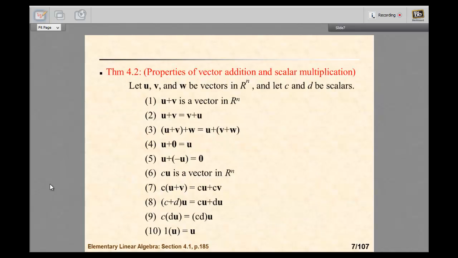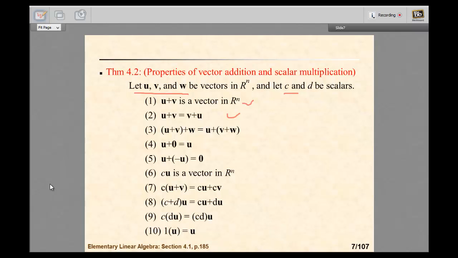Properties of vector addition and scalar multiplication. Several properties are given here. There are three vectors u, v, w, and c a scalar. It holds that u plus v is in the vector space.